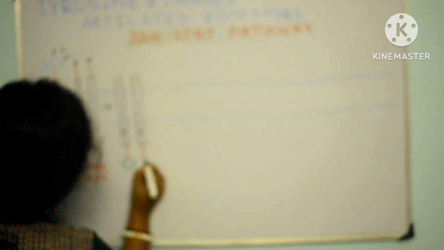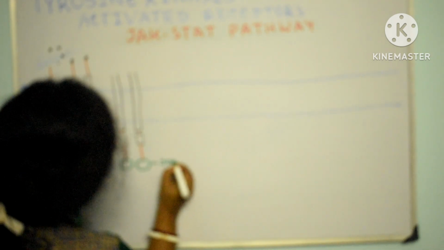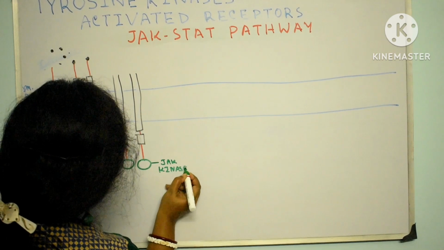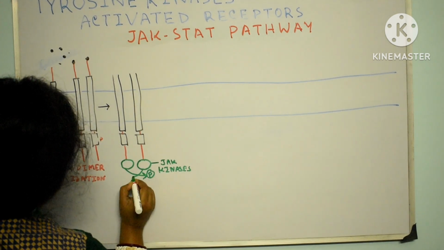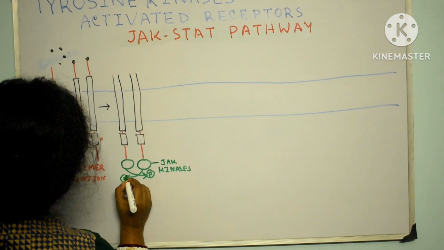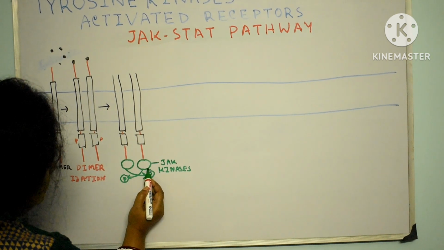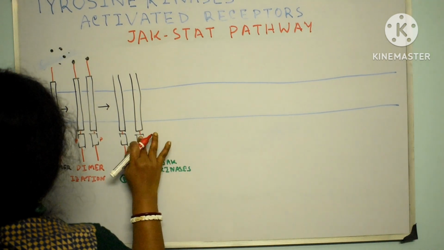Next, what happens? Again, draw. Here the Jak kinase is attached. These two are Jak kinases. They cross phosphorylate each other. It gives phosphate to this Janus kinase and this Janus kinase gives phosphate to this.